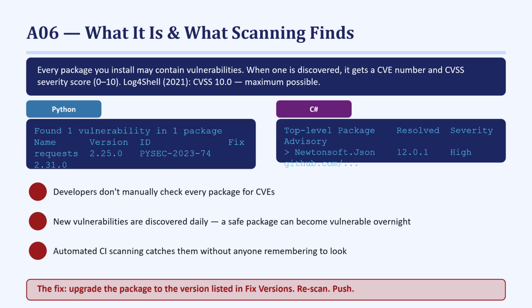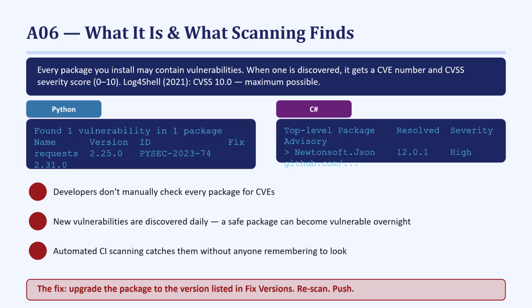That's the maximum possible. Millions of systems were using this and were vulnerable. Libraries you use daily can have this level of risk. And requests, the library in Python, has had multiple historical CVEs for SSL certificate verification issues.